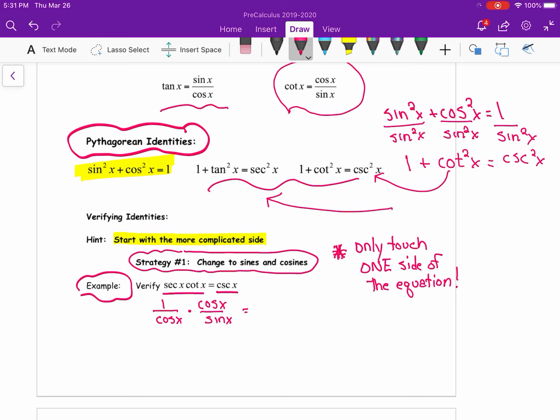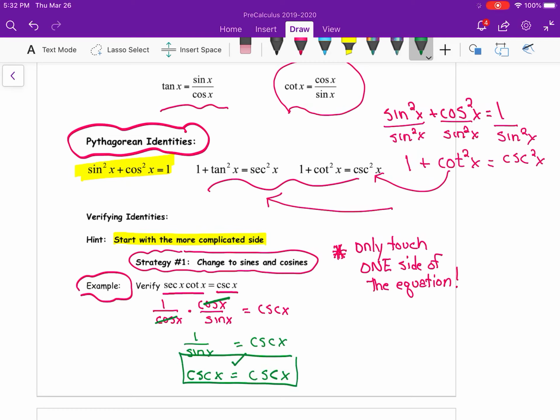We are trying to prove that this equals cosecant x. We notice here that the cosine x's will cancel, and we are just left with 1 over sine x. And 1 over sine x is cosecant x, so we can put a check mark, and we have proved that the left side equals the right side. That is the goal of what you're trying to do.